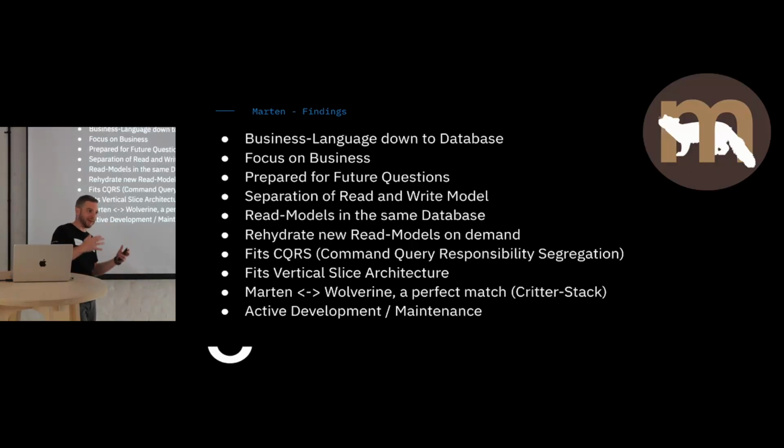But it does actually more, because the idea behind the Critter stack is to make us focus more on the business stuff and not on what they call ceremony code. So don't write ceremony code, write the stuff that actually brings value to the business.